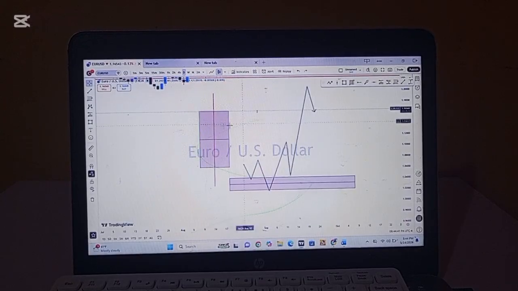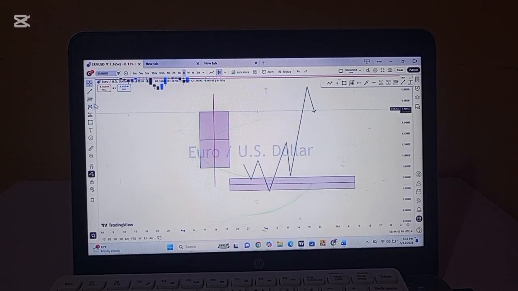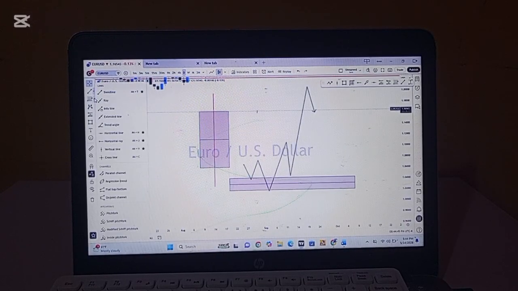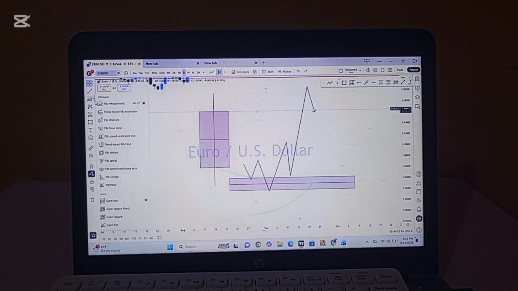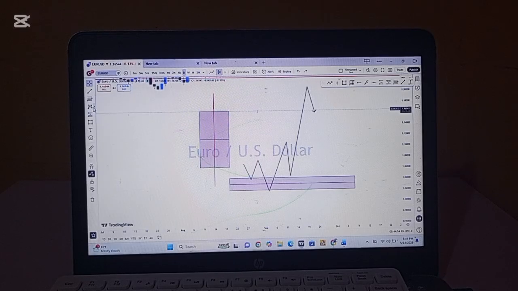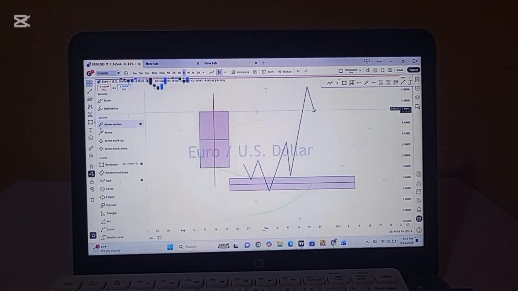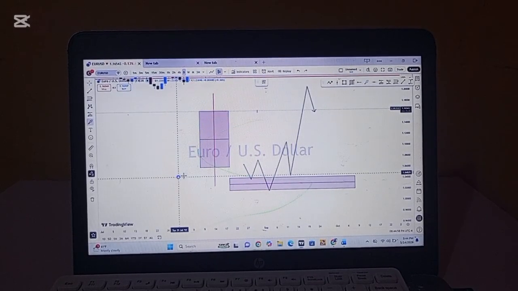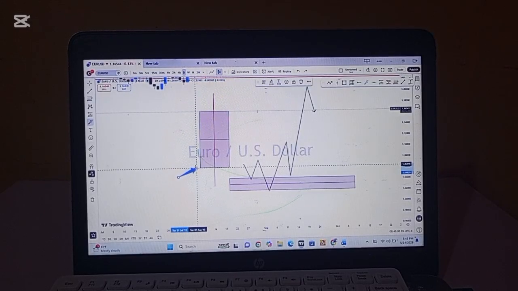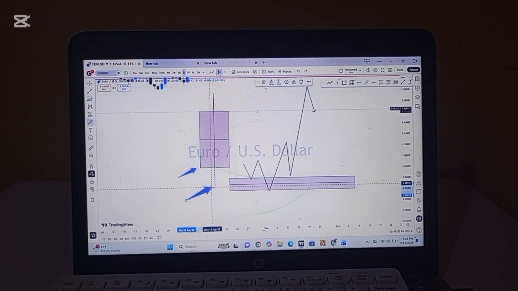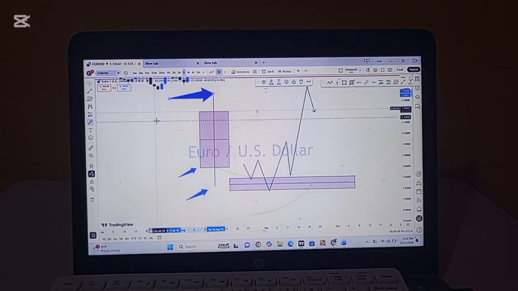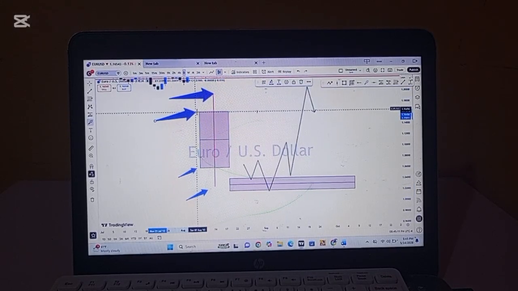So when you're talking in regards to a bullish candlestick, I am looking for something that we can use. Arrow, good. That is the open. That is the low. That is the high of the candle, and that is the close.